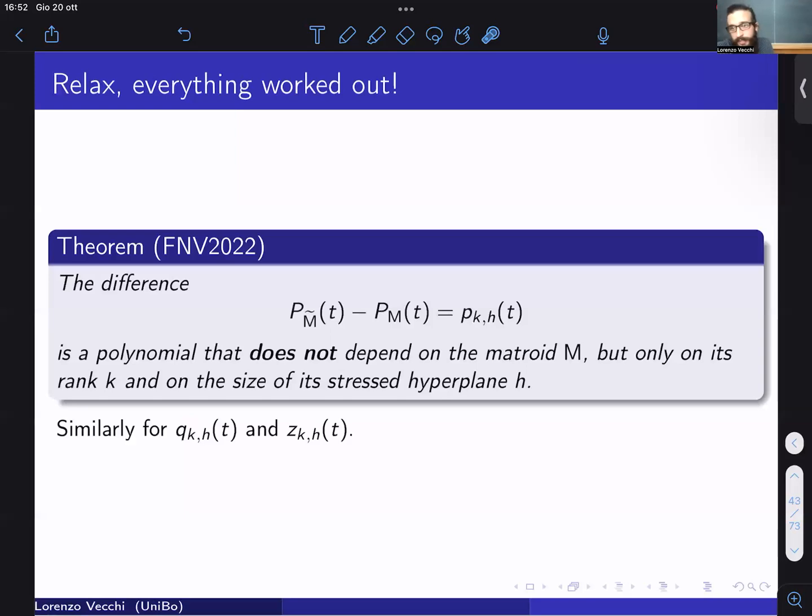And the remarkable thing is that it does not depend on the matroid M, but only on the rank of the matroid and the size H of the stressed hyperplane I relaxed. So in a sense, these correction terms can be put in a table, and then every time I find a stressed hyperplane in my matroid, I can relax it, and I know exactly from my table by how much the Kazhdan-Lusztig polynomial is changed. And the same goes for Q and for zeta as well. I just didn't want to put the same statement 3 times.